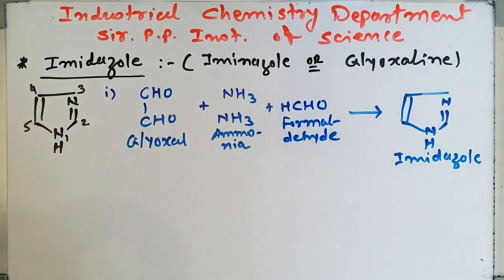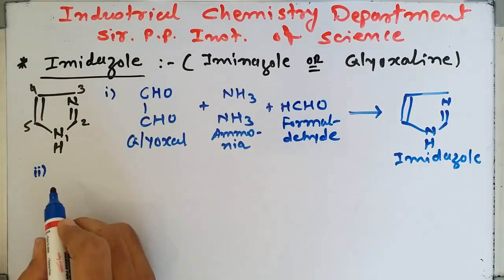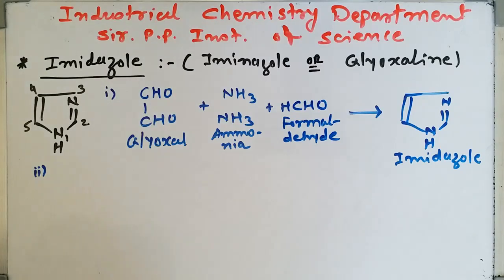Now we see the second preparation of imidazole, by the action of ammonia and an aldehyde on glyoxal or another 1,2-diketo compound.